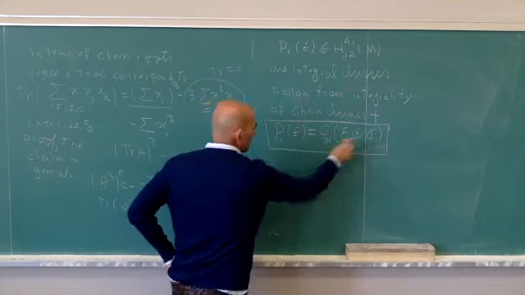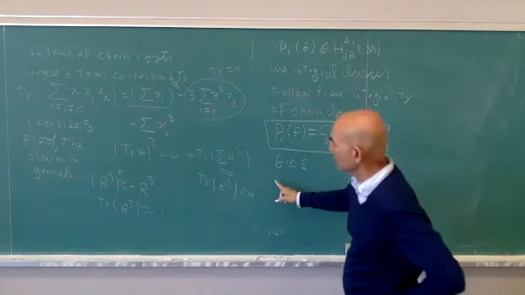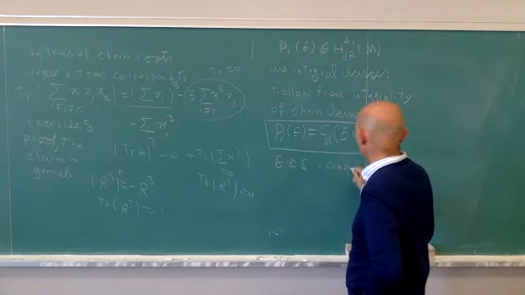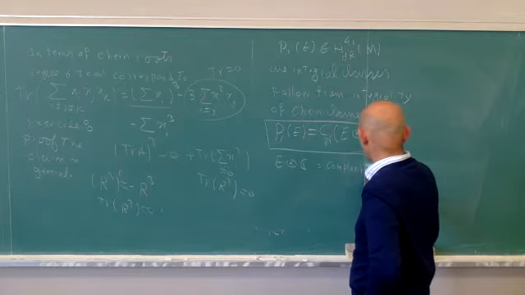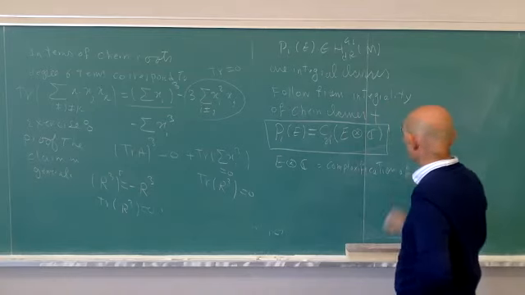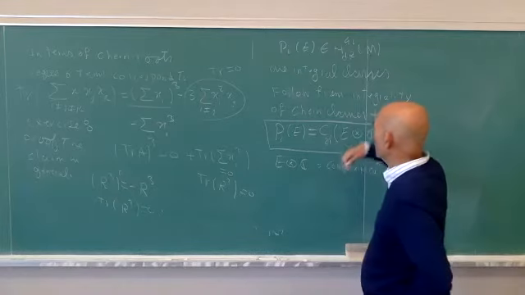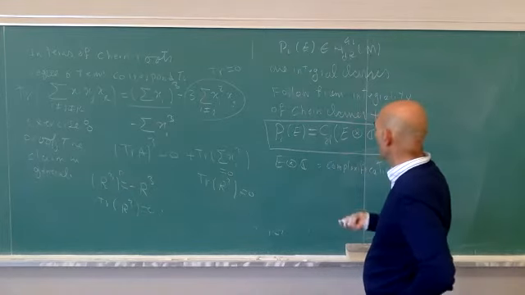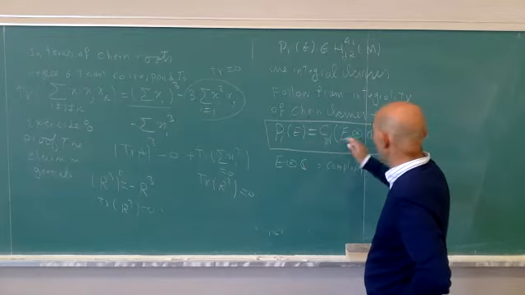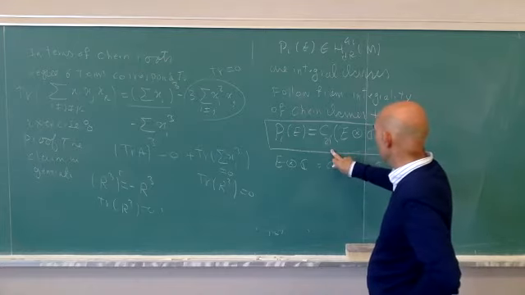Well, now let me introduce the notation. E tensor C is the complexification of a real vector bundle. So this is the complexification of E. Okay. And we know that C_i belongs to the integral cohomology group, so if we prove this, this easily follows.